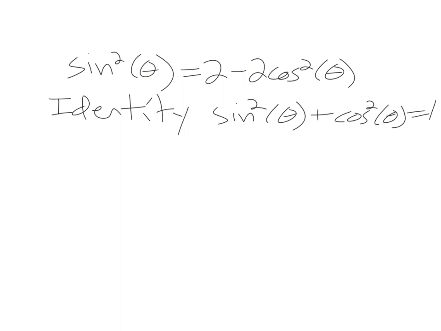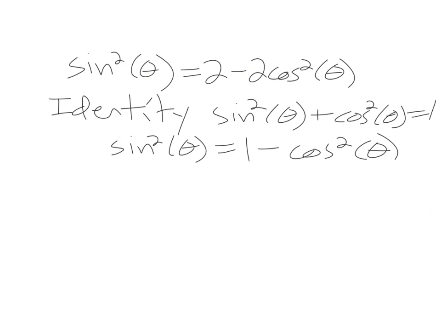Either way, this would work, right? If it works, it works. So we kind of want to pick which one's simplest. Another way of saying that is sine squared theta equals 1 minus cosine squared theta.